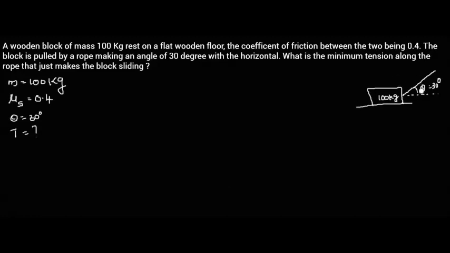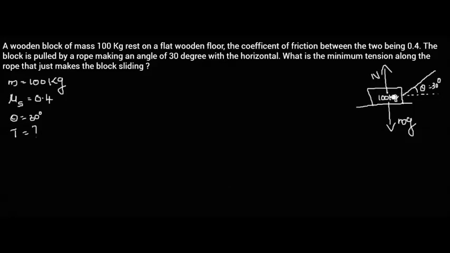This is the given condition. So we have to draw all the external forces acting on the object. The first force is the weight of the object which is acting in the downward direction, and the next force is the normal reaction. And since we are not neglecting the presence of friction here, we have a frictional force which is acting in the opposite direction of the impending motion.